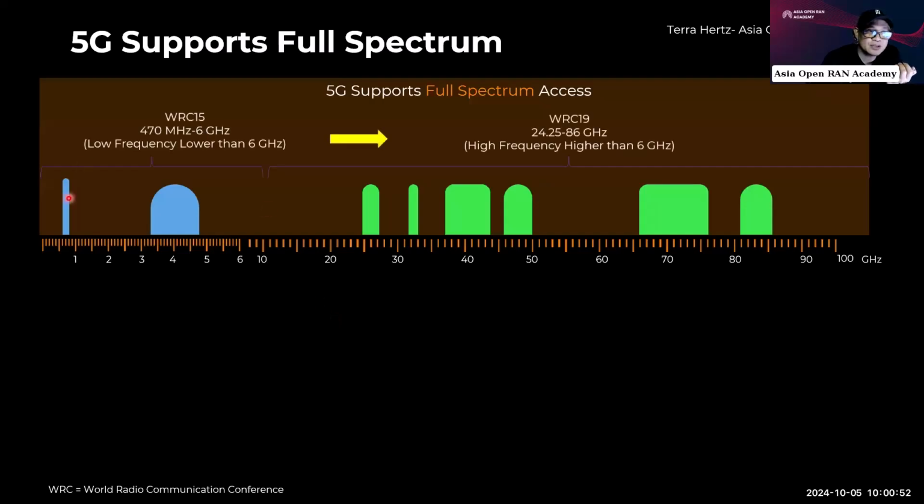So, itong frequency na to, the frequency below 6 gigahertz, specifically from 470 megahertz up to 6 gigahertz, this is what we call the low frequency band for 5G. This is also considered the FR1 or the frequency range 1. Okay? The frequency range 1, this is discussed sa World Radio Conference na ginaganap every 3 to 4 years, na parang Olympics.